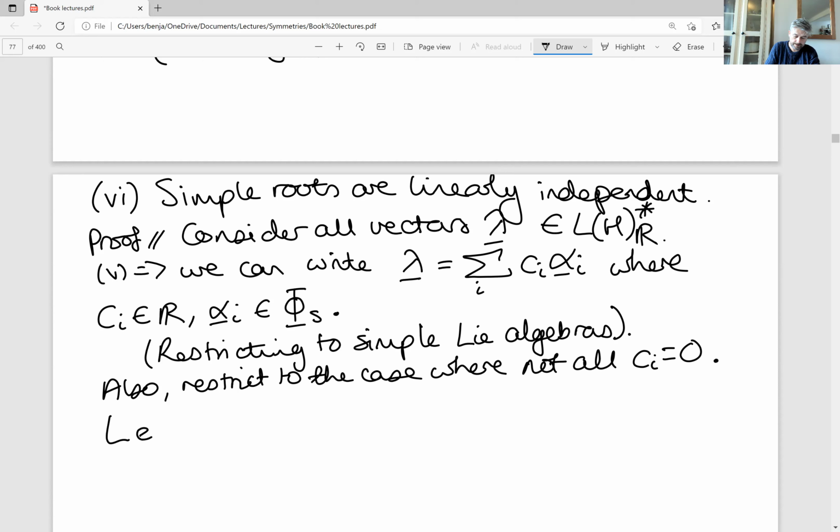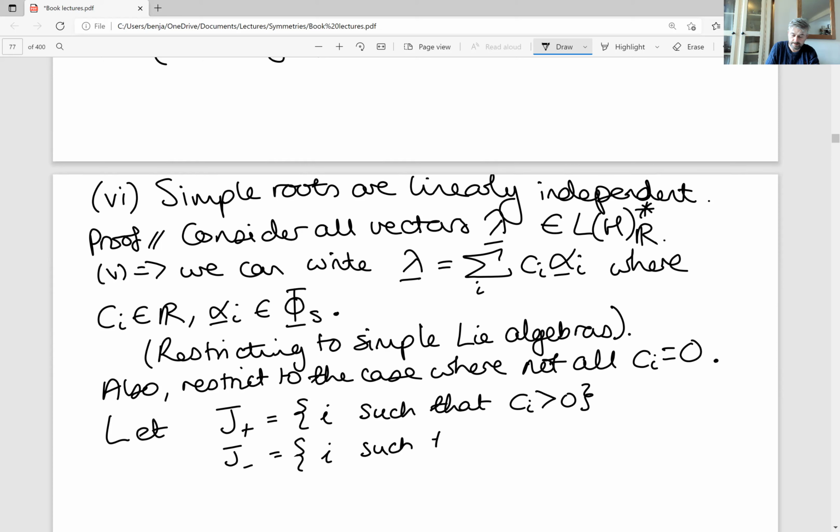So we let J plus be the set of all i's such that c_i is bigger than 0, and J minus is the set of all i's such that c_i is less than 0.